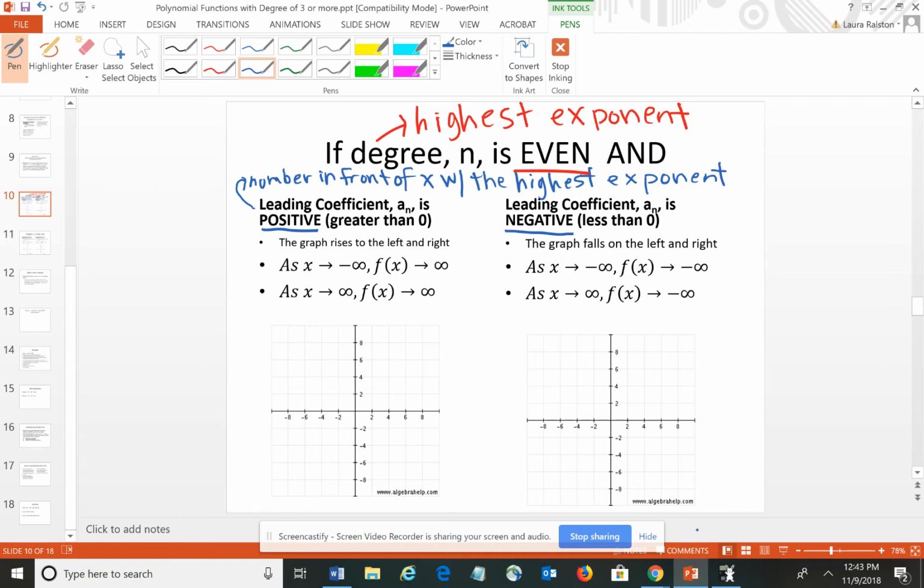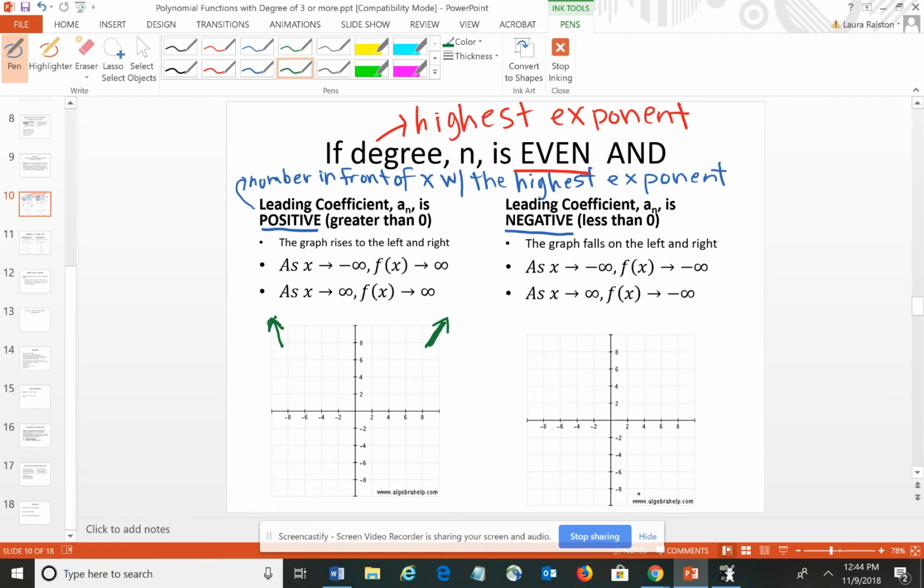So basically, if you have an even degree and a leading coefficient that is positive, then as you go further and further out towards negative infinity, the graph continues to go up towards positive infinity. The same thing happens as you go further and further out on the x to positive infinity, the y value continues to go up towards positive infinity as well.